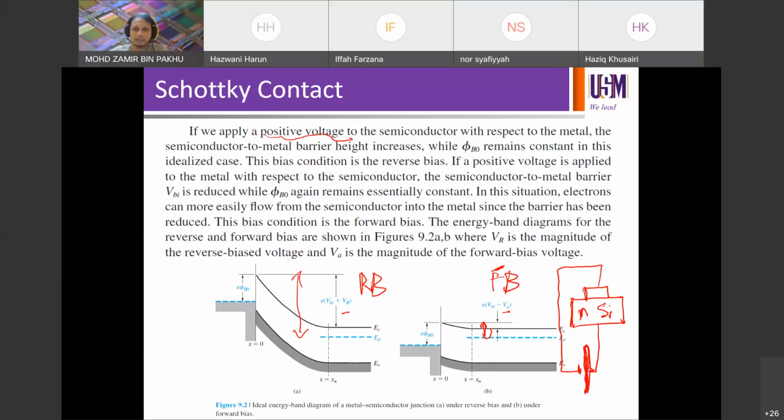With respect to the semiconductor, the semiconductor to metal barrier height increases, while phi B naught remains constant in this case, and this is called reverse bias condition. So if you apply the positive voltage like this, it is called a reverse bias condition. Does it make sense in terms of the circuit connection? For reverse bias, look at the polarity. Does it make sense?